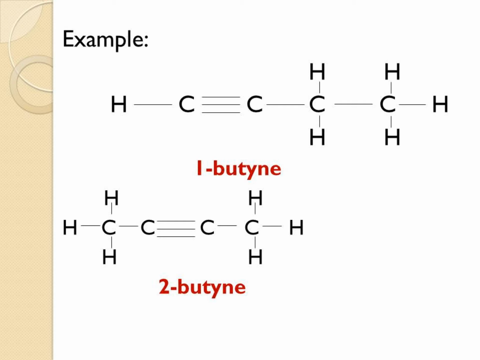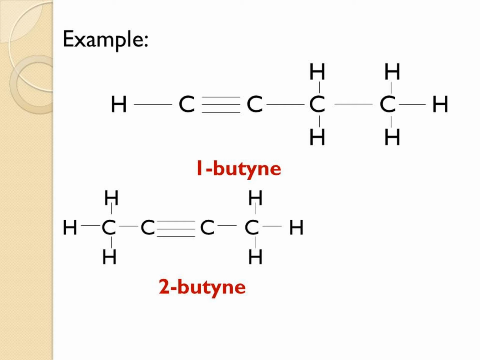Because of the presence of the triple bond, this compound is an alkyne. An alkyne is a type of organic compound, or hydrocarbon, having at least one triple bond between carbon atoms.